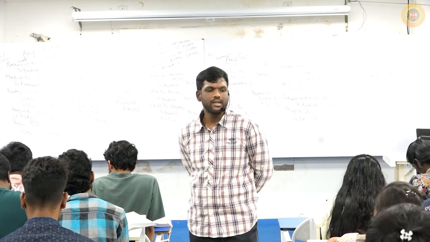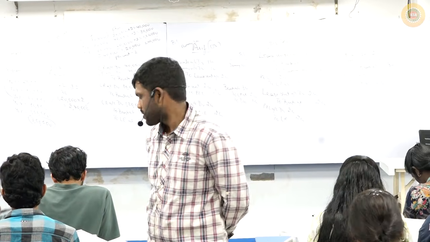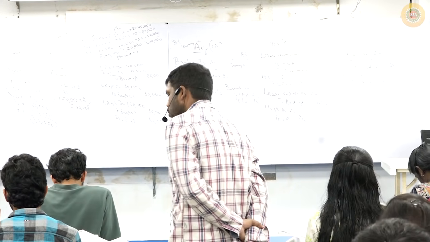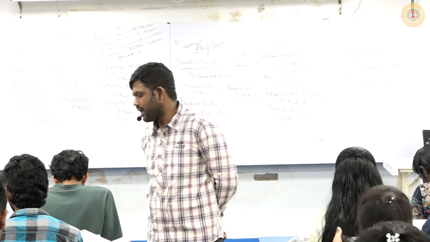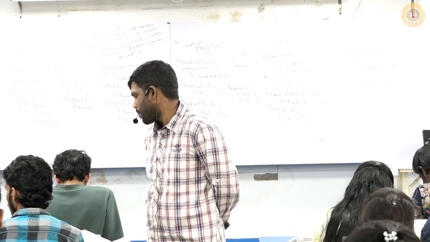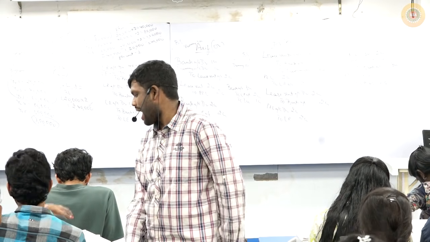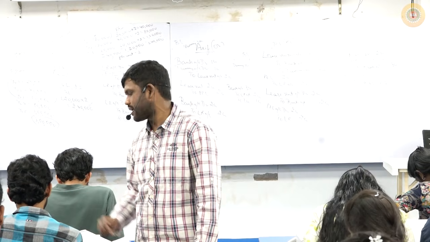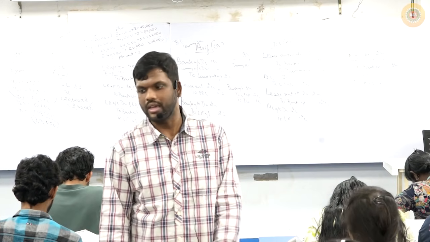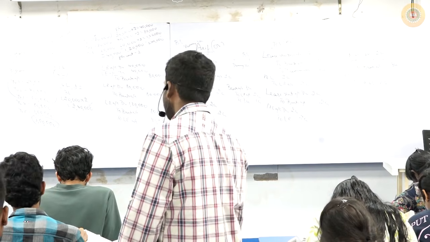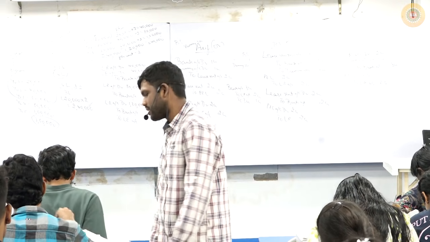Keep your calculator ready. A machine was given on 3 years operating lease by a dealer of the machine for equal annual lease rental. Underline that, equal. Equal annual lease rental.